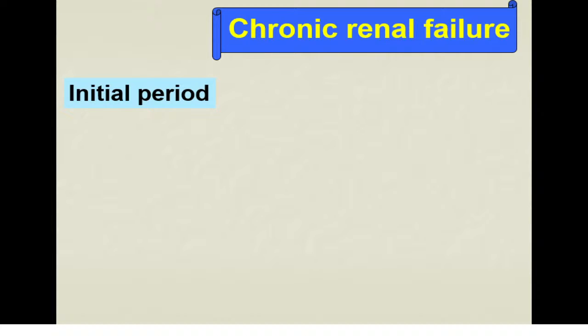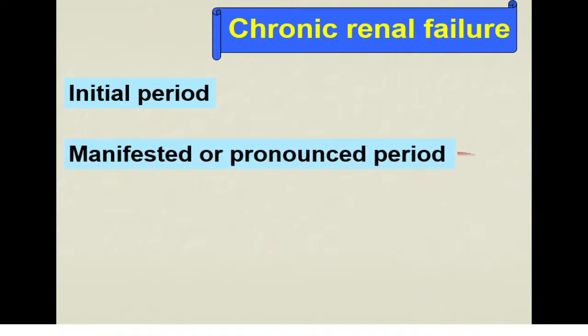Initial period, invisible, which may be revealed only with specific methods characteristic for different organs. Second stage, manifested or pronounced, which is visible. The patient feels some problem, the doctor can reveal some visible signs of pathology. If we are talking about chronic renal failure, the manifested pronounced period is divided into two steps.